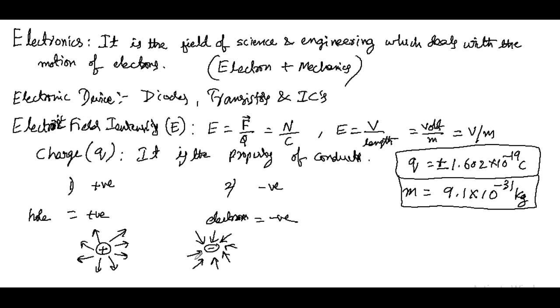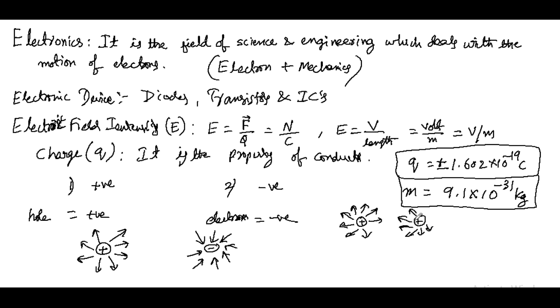From these lines, Coulomb's law is defined: like charges repel each other and unlike charges attract each other. Suppose I take one positive charge located here and another positive charge located here. The first charge has outgoing lines and the second charge also has outgoing lines. Both have outgoing lines, so they repel each other.